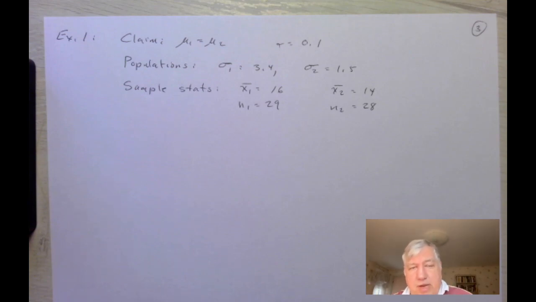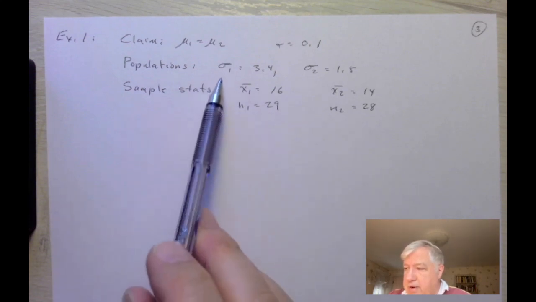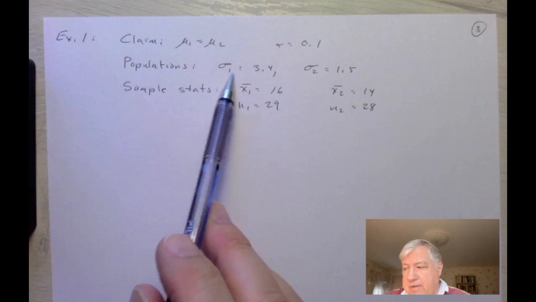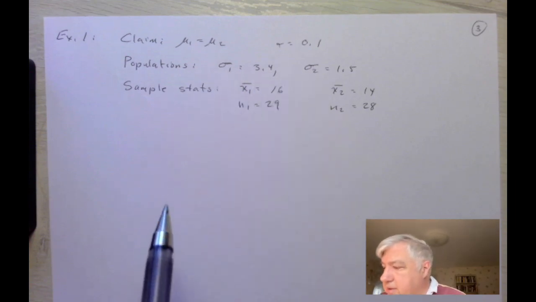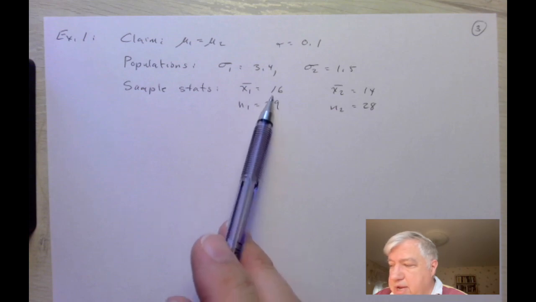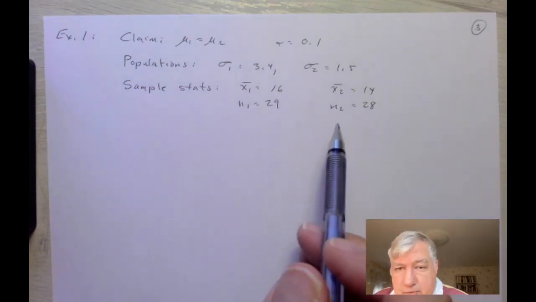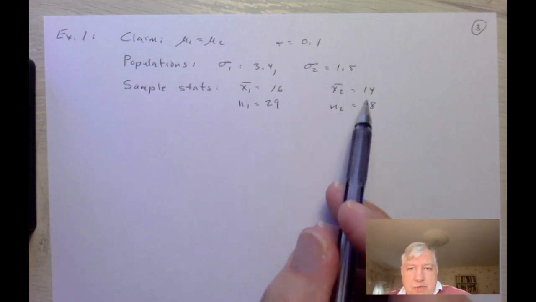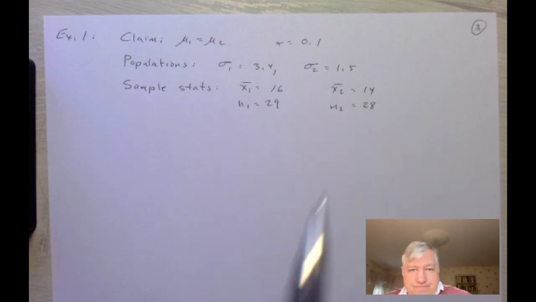So we have two populations, and in this case we're assuming that their standard deviations are known. Then we take a sample of size 29 from the first population and get a mean of 16. Then we take another sample of size 28 from the second population, and we get a mean of 14.